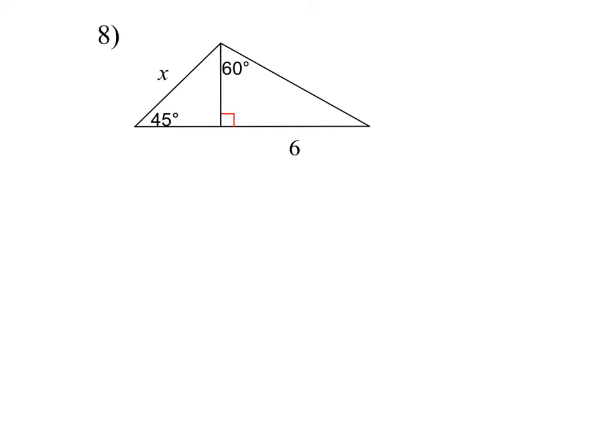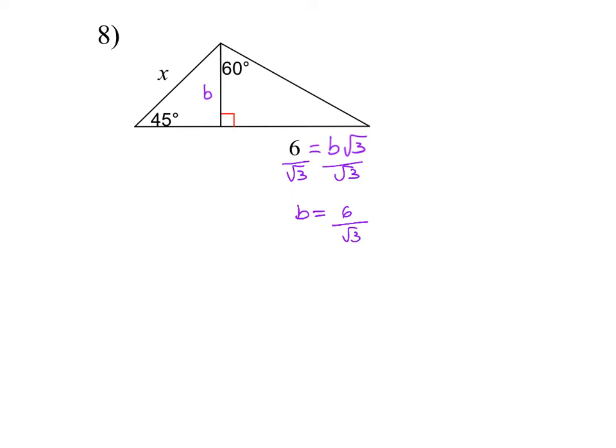Let's name that one B. So 6 equals B times the square root of 3. The longest leg of a 30-60 triangle is the smallest leg times the square root of 3. So I'm going to divide by the square root of 3. That means that B equals 6 over the square root of 3.